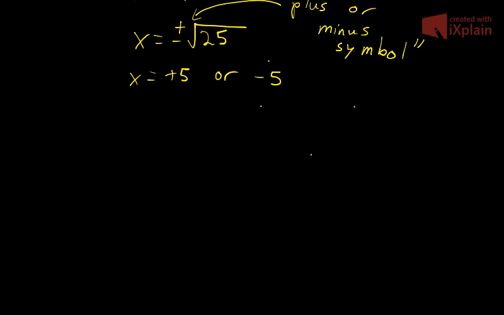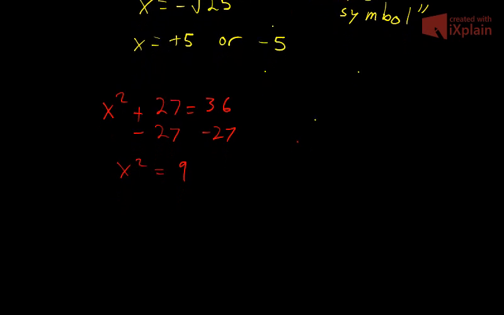In the second example, we're going to have x squared plus 27 equals 36. So if I'm trying to get x alone, what I should do is subtract 27 from both sides, and I get x squared equals 9. So to get rid of the x squared, I have to think, what is the opposite of squaring?